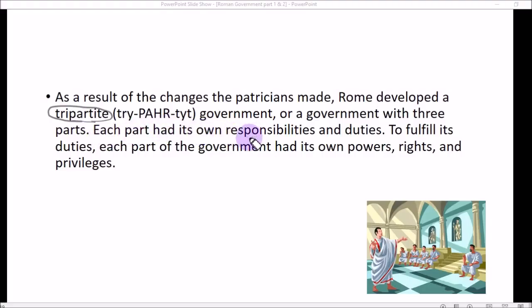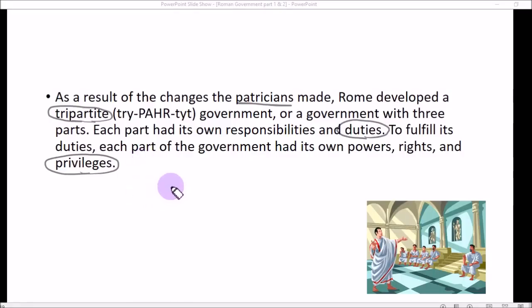And our word was patricians, right? Patricians. Of course, responsibilities and duty. Duties just means what you have to do, basically. Privileges are things that can be given to you or taken from you.